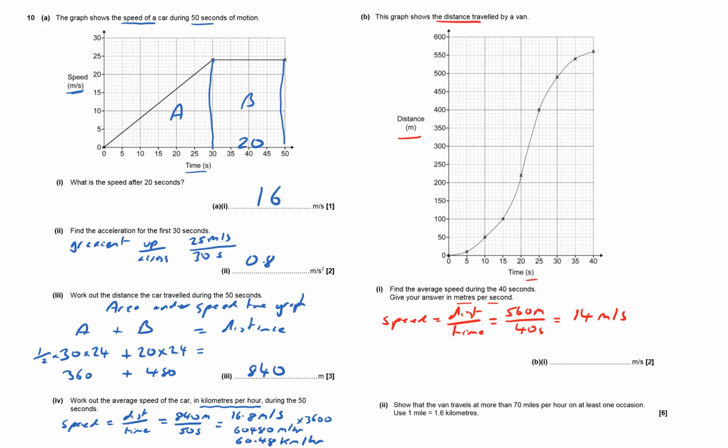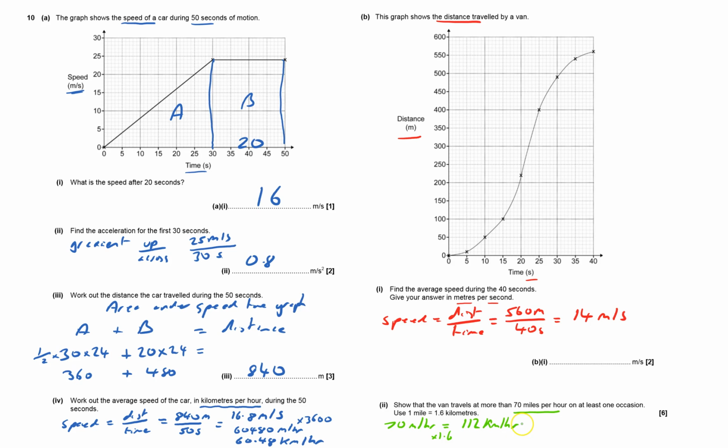And now the final part, worth 6 marks. Show that the van travels at more than 70 miles per hour on at least one occasion. Well, I'm going to translate this 70 miles per hour into meters per second to start off with. So 70 miles per hour. If I change it into kilometers, I'll need to times by 1.6, and that gives me 112 kilometers per hour.